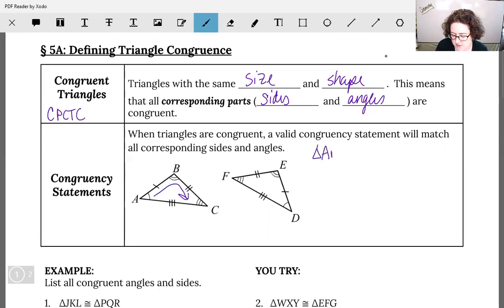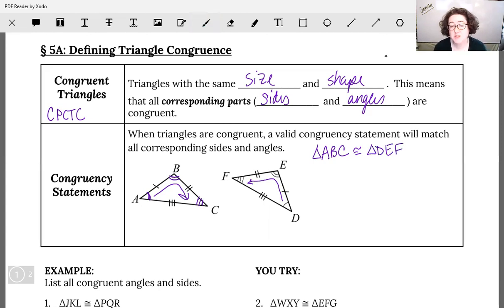And specifically, notice how I drew that arrow. If I'm looking at the angle specifically, I started at the single angle mark, went to the double, and went to the triple. So when I name the other triangle, I want to make sure that I'm naming in the same order. So I'm going to start at single, double, triple. So therefore, our triangle ABC is congruent to our triangle DEF.